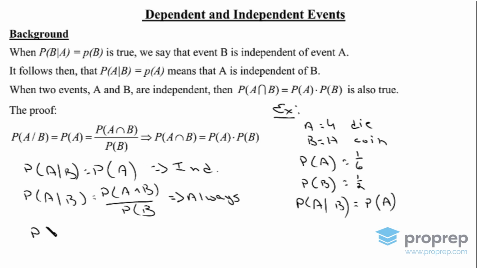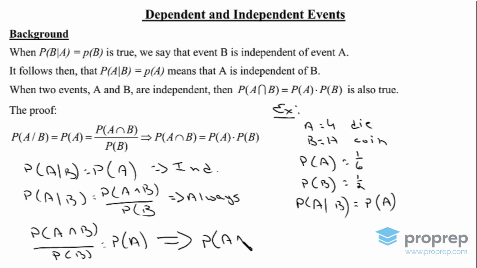The probability of A intersect B divided by the probability of B equals the probability of A. Or in other words, the probability of A intersect B equals the multiplication of the probabilities, the probability of A times the probability of B.